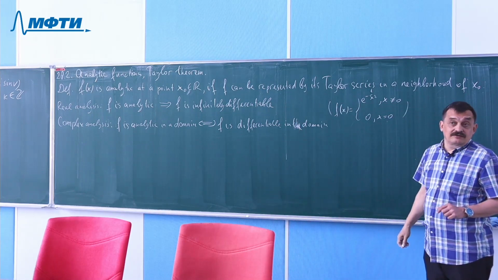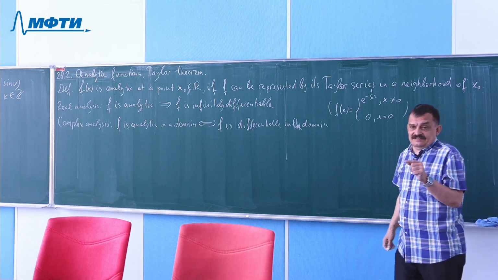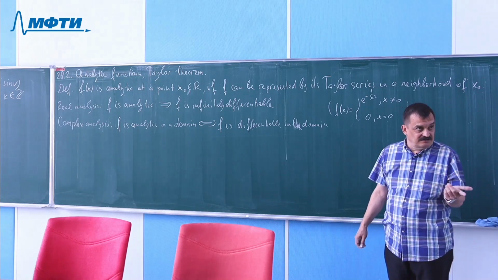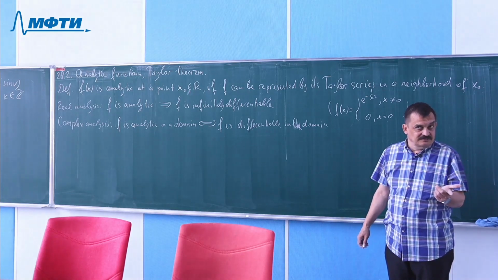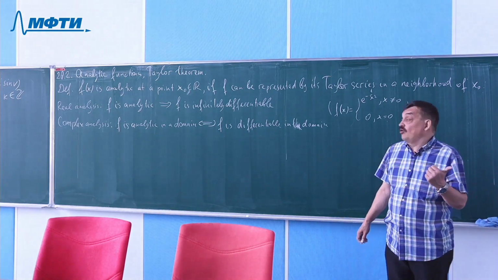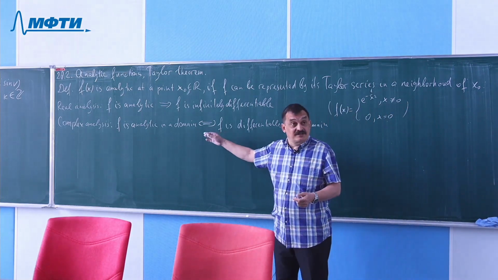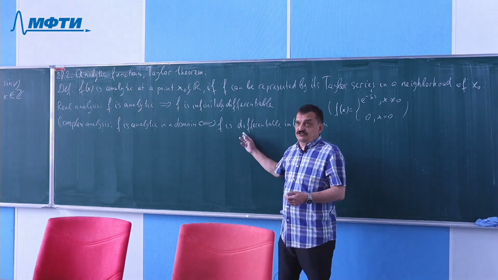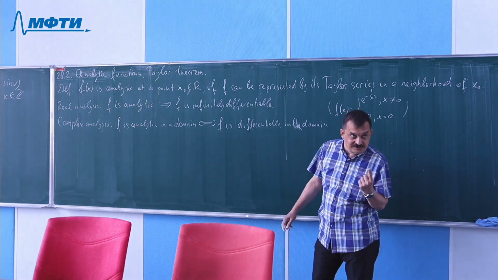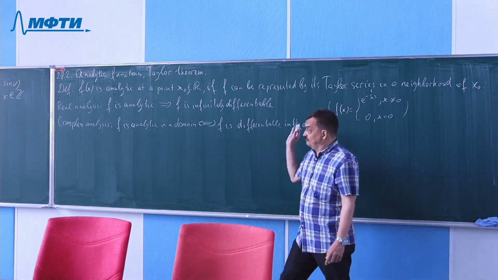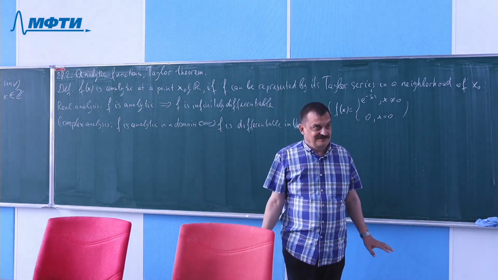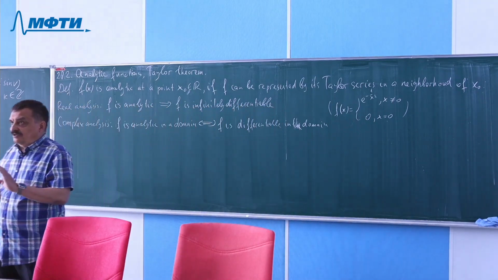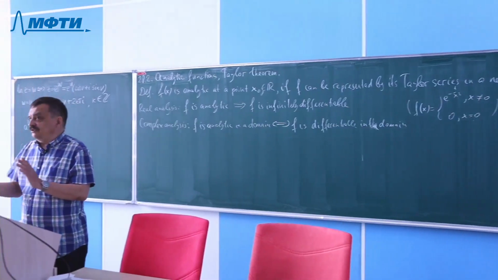So you see, for real analysis, from analyticity follows infinite differentiability, right? Of course, it also follows for complex analysis. But conversely, it is sufficient to ask for just one derivative in complex analysis, and then you have analyticity. That is quite different. So you see, there are differences between real and complex analysis.